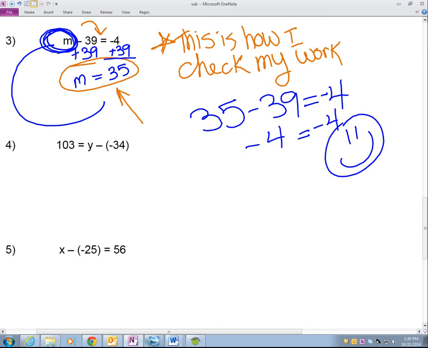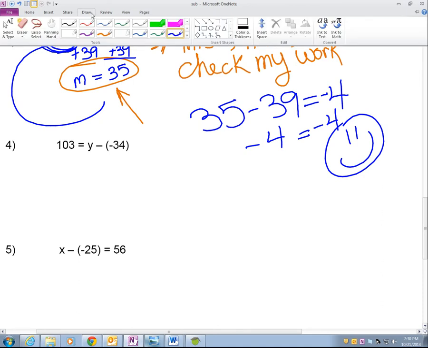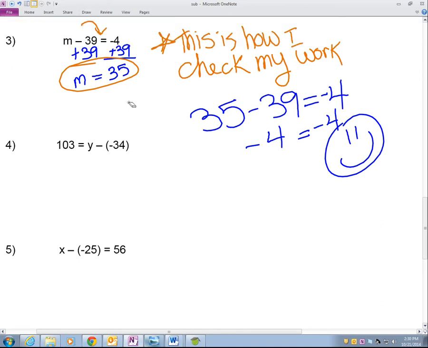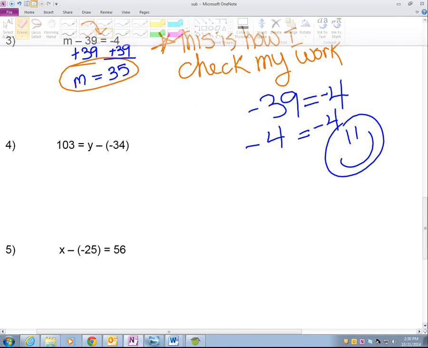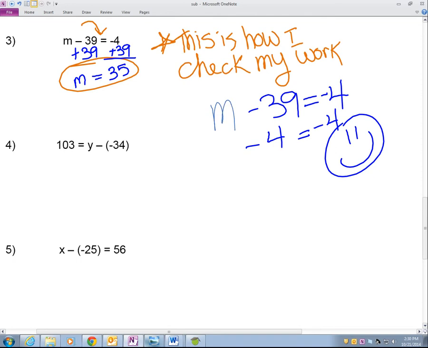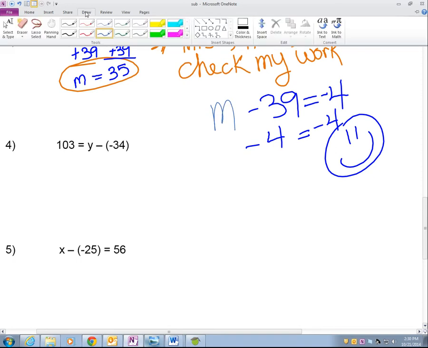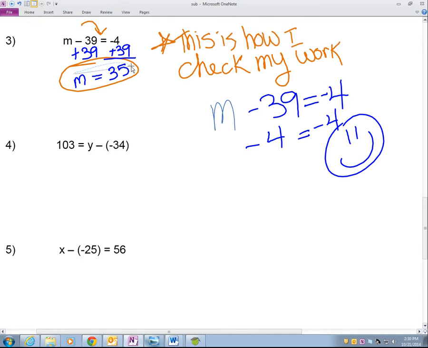Okay? Here, let's use some technology, shall we? So we have m minus 35. We know that m is equal to 35.